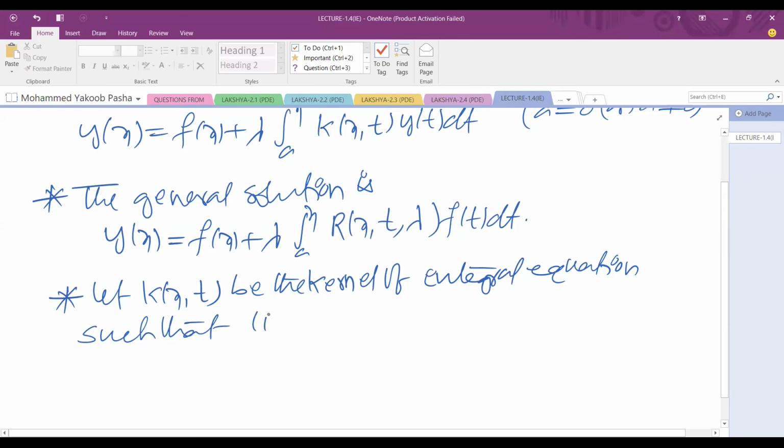The first condition: k of x comma x is equal to 1.